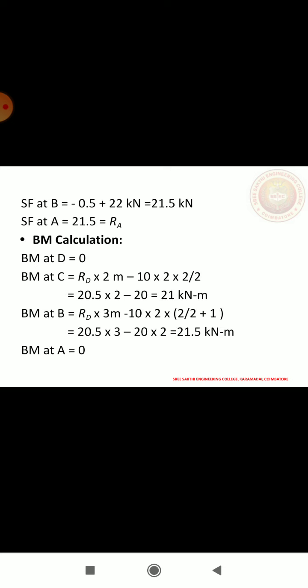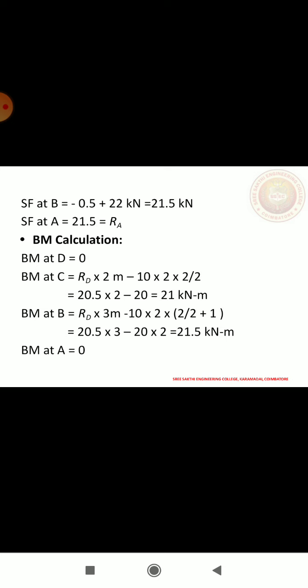After finding BM at C, we have to calculate BM at B, that is the bending moment at point B. That is RD into length between B and D minus UDL into length between C and D into inside the bracket length between C and D divided by 2 plus distance between B and C, that is RD into 3 meter minus 10 into 2 inside the bracket 2 by 2 plus 1.